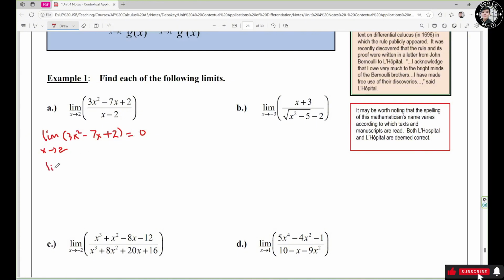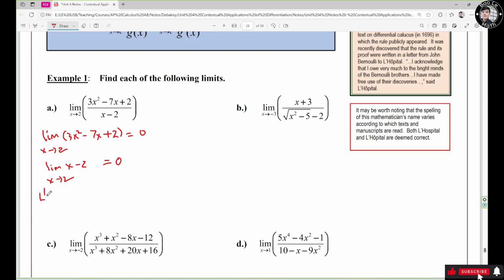Now the limit of s minus 2 when s approaches 2 equals 0, right? So it's actually an indeterminate form, right?